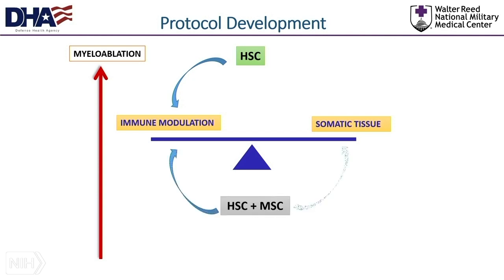If you give hematopoietic plus mesenchymal stem cells, you can provide immune modulation as well as somatic tissue engraftment and chimerism. If you give MSC alone, there has been immune modulation, as I showed you, with soluble factors mostly, as well as cell-to-cell contact mechanisms, and it is still in the works how we can engraft MSC and provide donor chimerism.